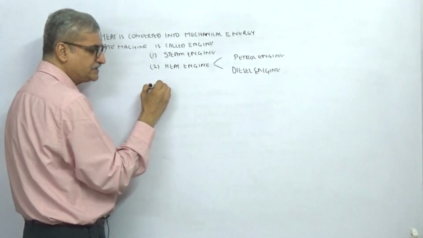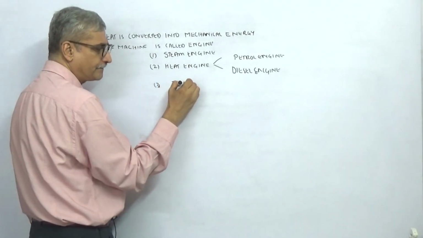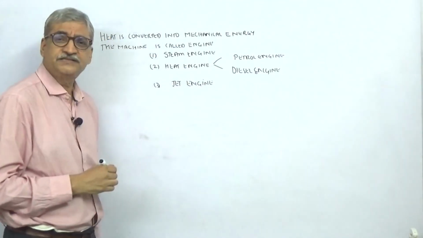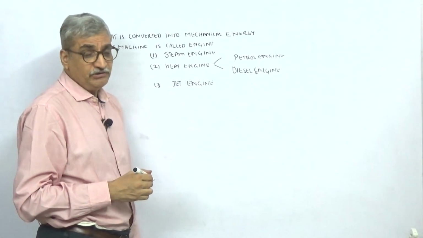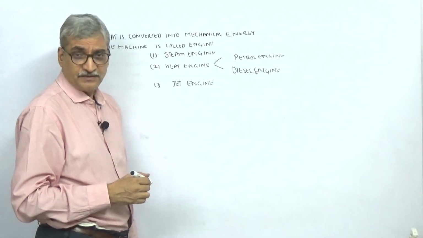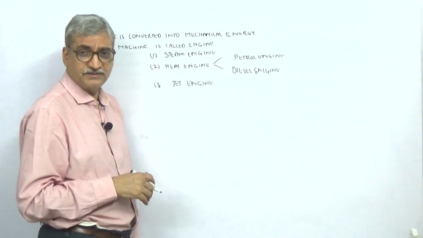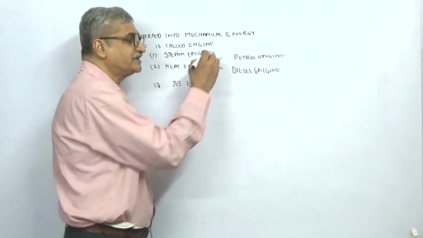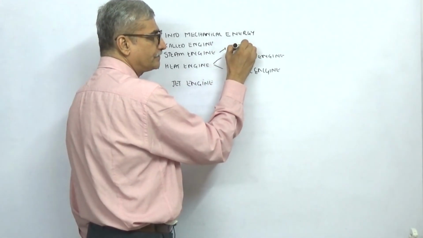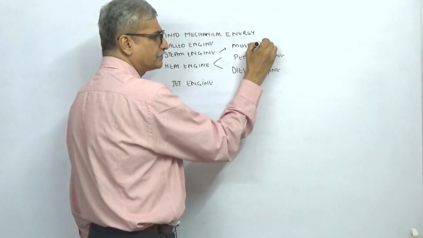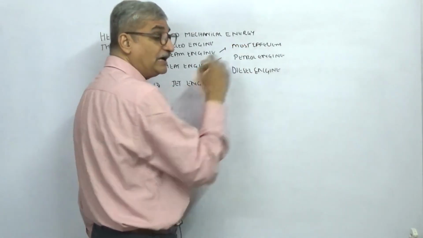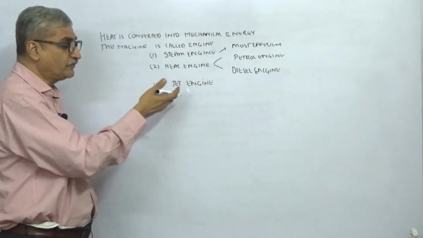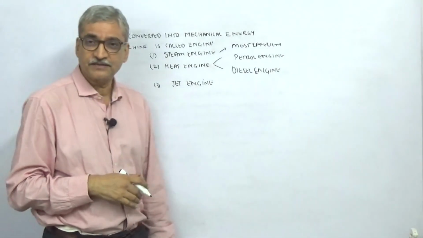And then the third is a jet engine. You will be surprised to know that if a multiple choice question is asked on this, it is a steam engine which is most efficient. It's not 100%, it's most efficient, understand the language. And jet engine of course is the least efficient, that's why it consumes a lot of fuel.